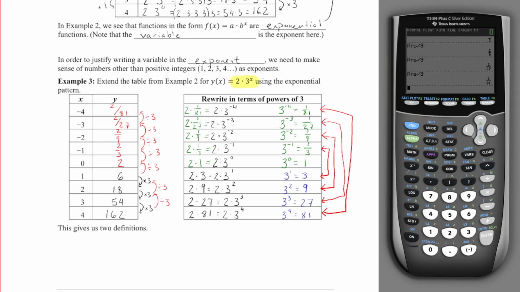And then 3 to the 0 is just kind of in the middle there. Taking 1/1 doesn't do anything. Taking negative 0 doesn't do anything. So 3 to the 0 being 1 also fits in with this symmetry.